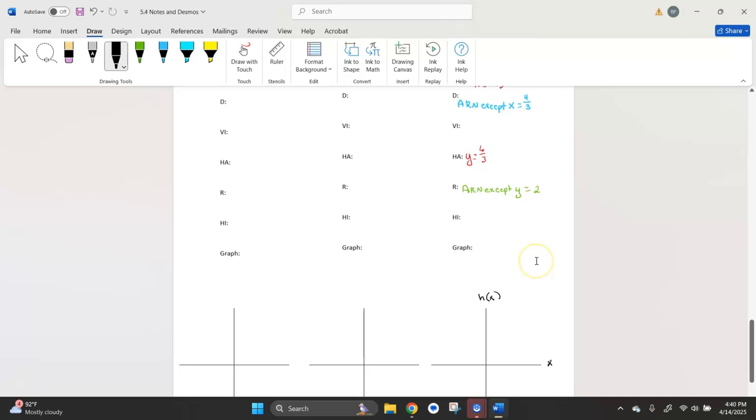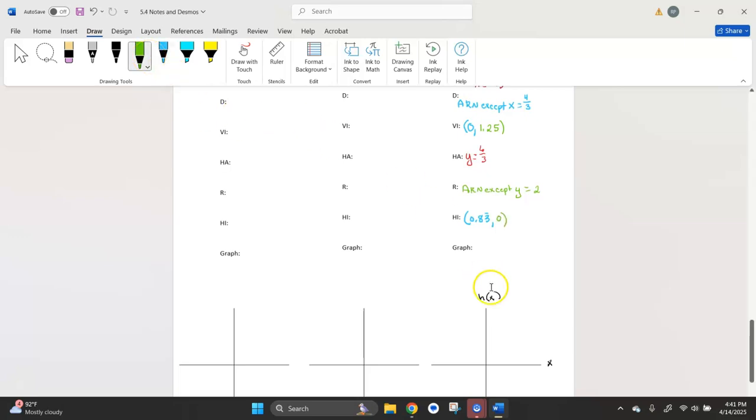So back to our note sheet, we know that our vertical intercept is 0 comma 1.25, and our horizontal intercept is going to be 0.83, repeating, comma, and the output value is 0 here.